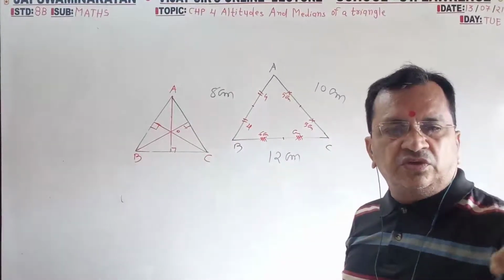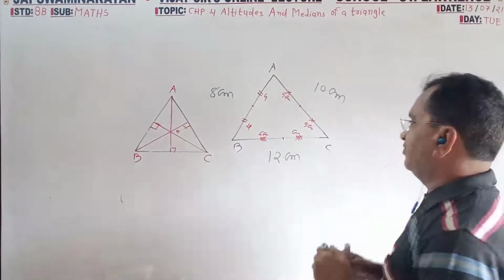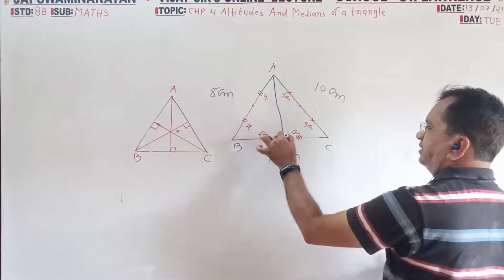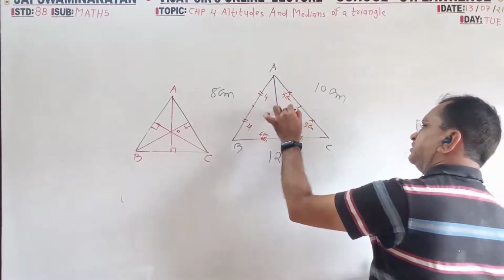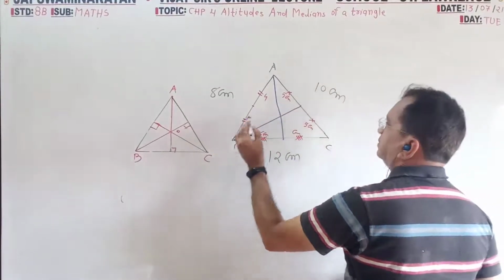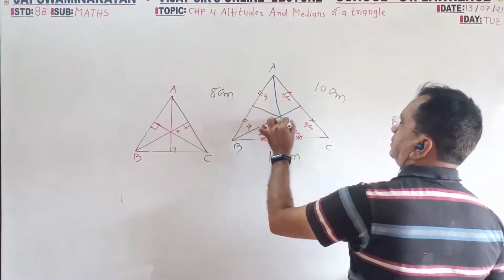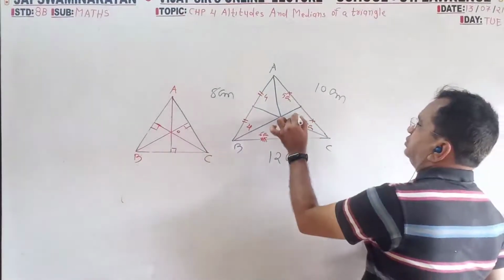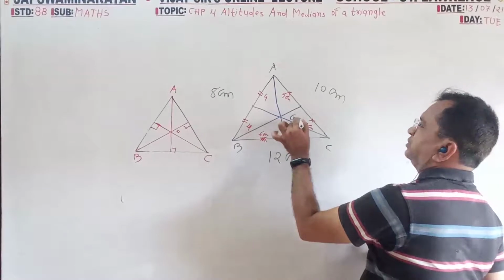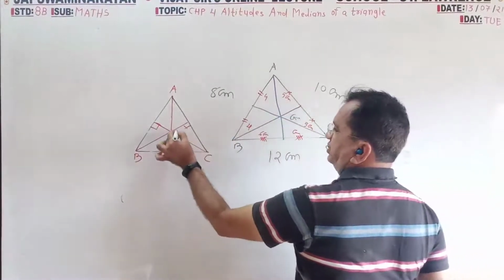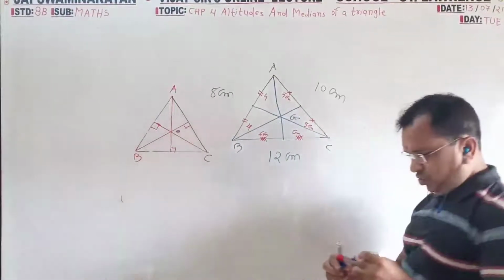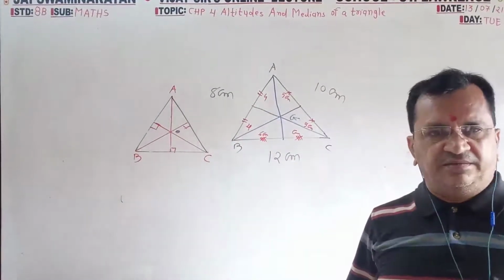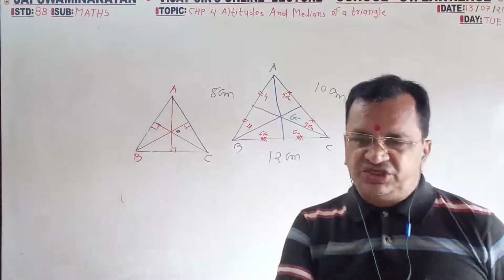Now join the vertices and the midpoints of the opposite sides. So this is G. This we always denote by G. This we always denote by O. This is the orthocenter. This is the gravitational point, means G.